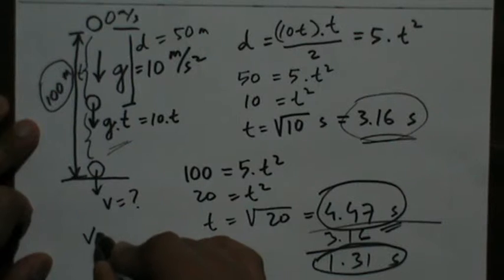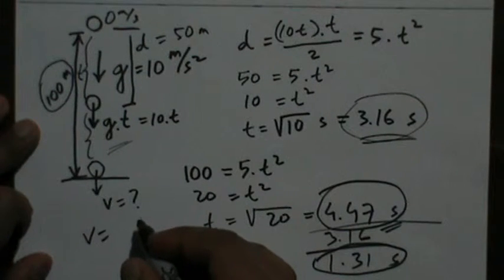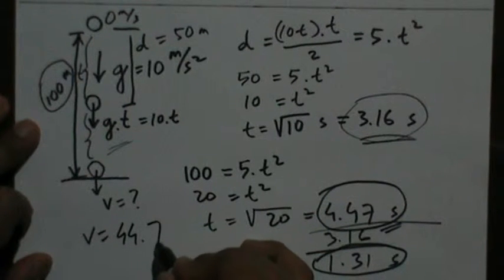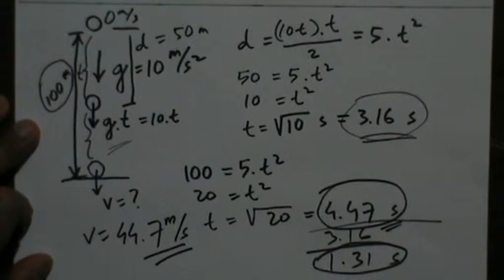So you get that the speed when the ball hits the ground is 10 times 4.47, or 44.7 meters per second.